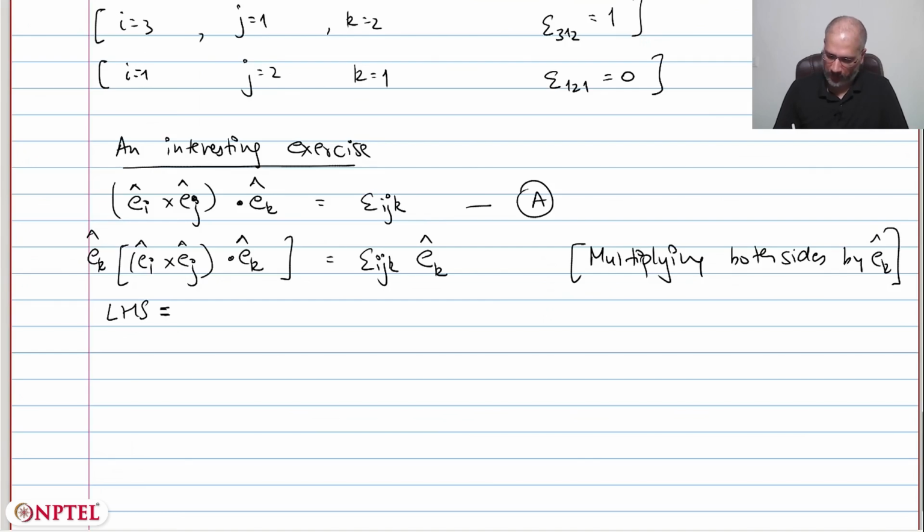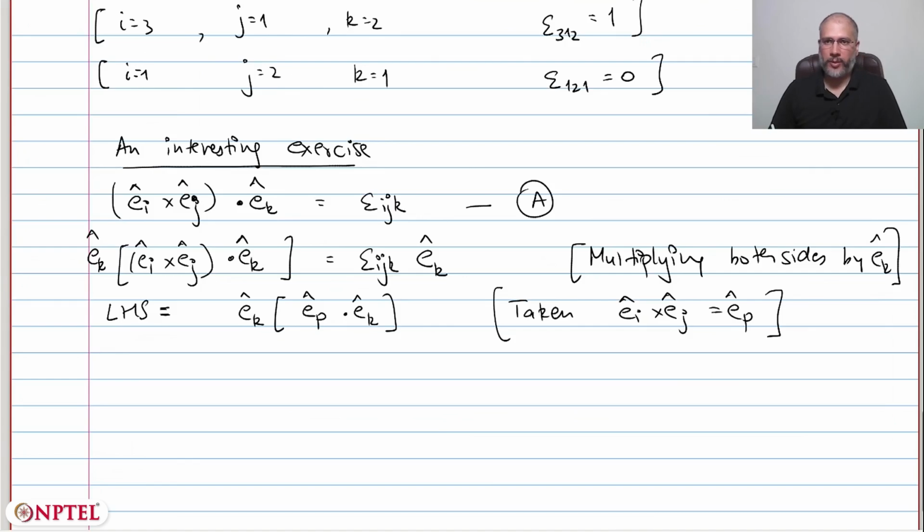So the left hand side of this expression is e_i cross e_j dot e_k, and I'll call e_i cross e_j as e_p, just for convenience, to save some space. Since all these are unit vectors, I can write e_p dot e_k as delta_pk.